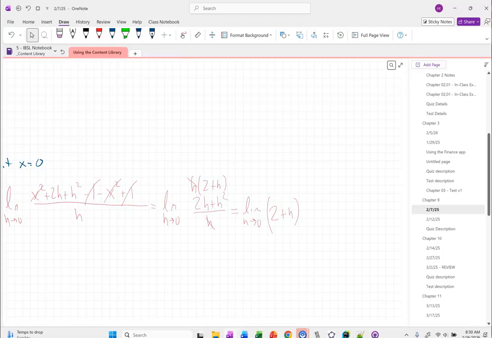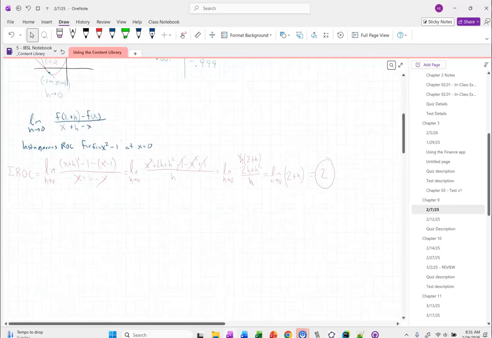And as h is going to 0, what does 2 plus h go to then? 2, right? What happened though? Because that's not the right answer. Where's my mistake?